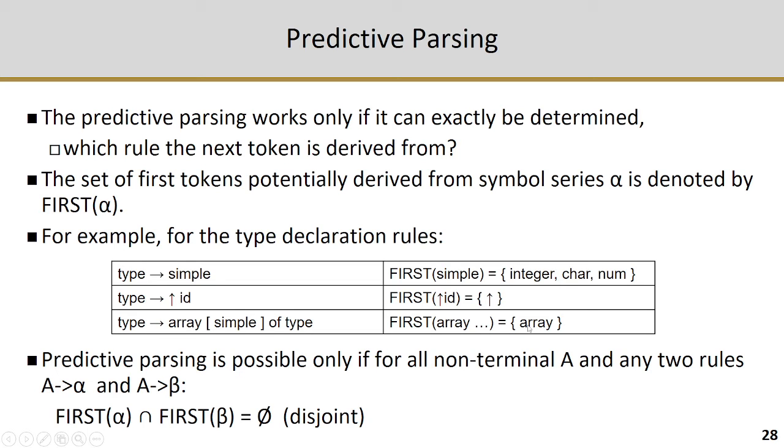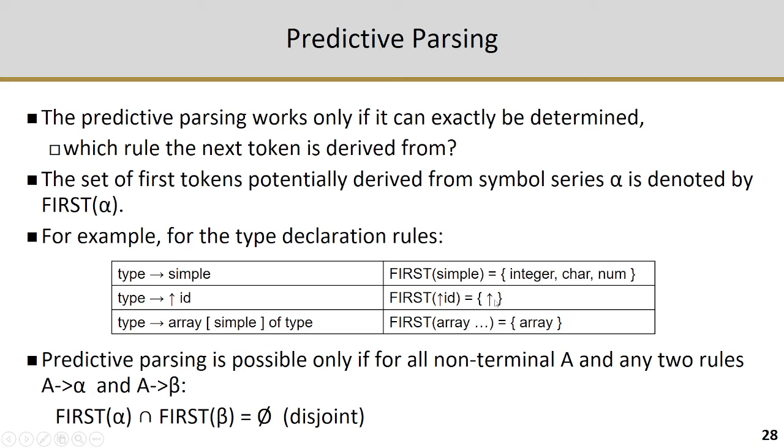So if we take a look at this comparison, we can see that here we have three derivation rules for non-terminal type. However, the sets of potentially generated first tokens are disjoint.